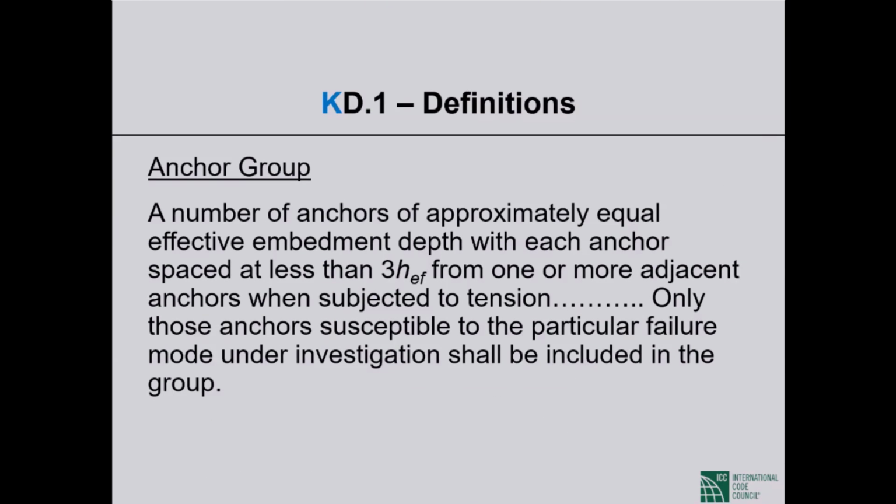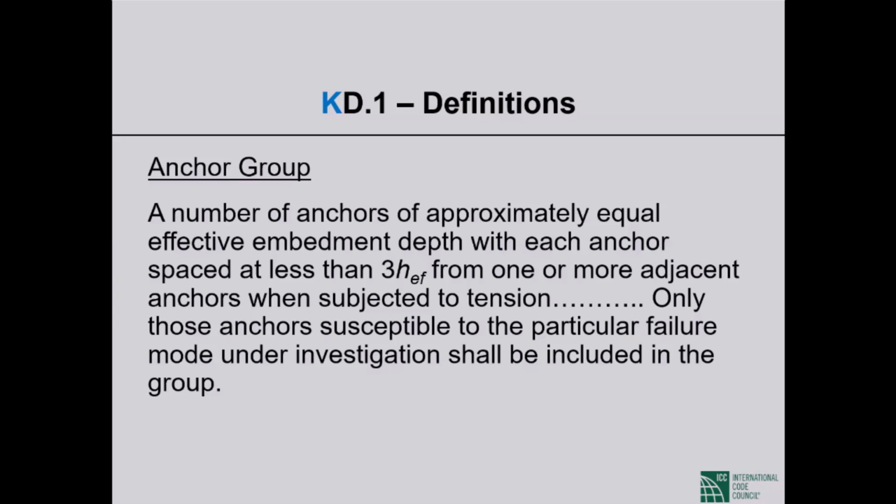Let's talk about the definition of anchor group. A number of anchors of approximately equal effective embedment depth, each anchor spaced at least 3 times the embedment depth from one or more adjacent anchors when subjected to tension.